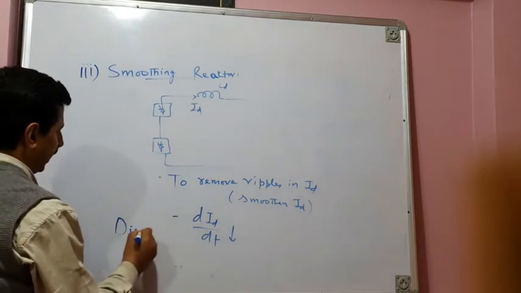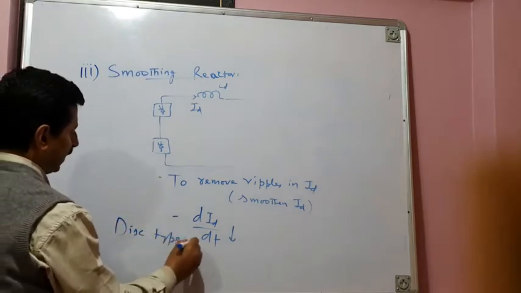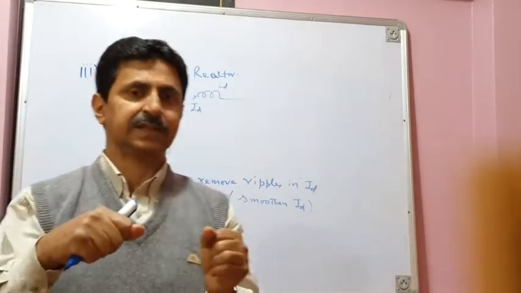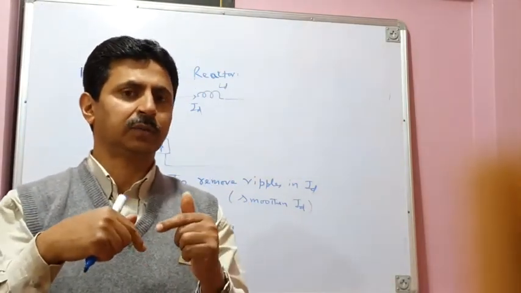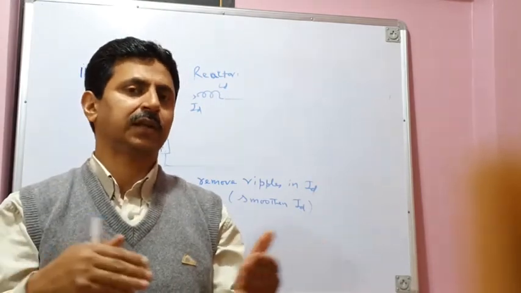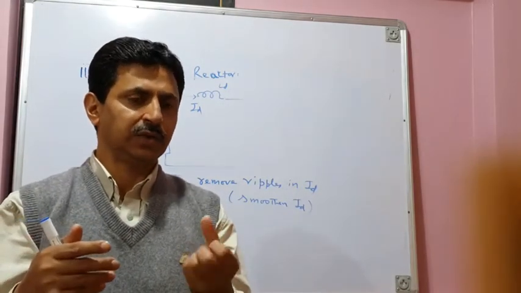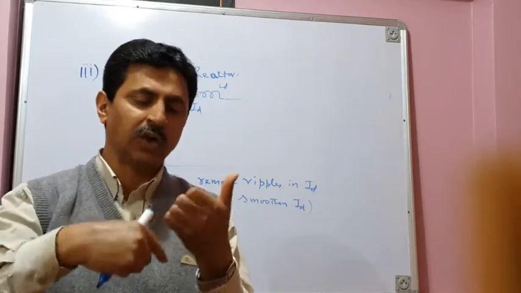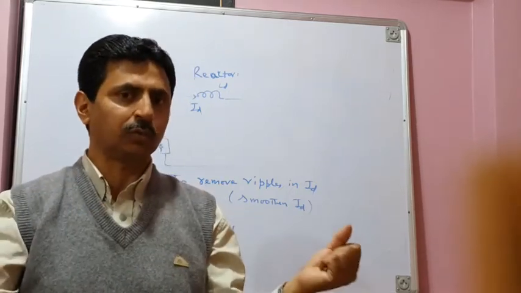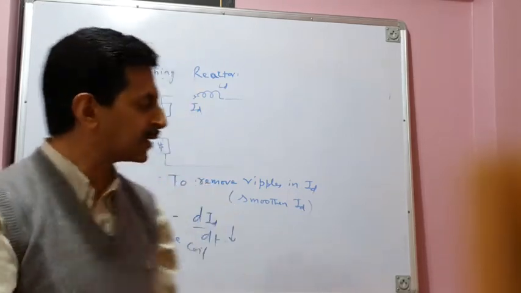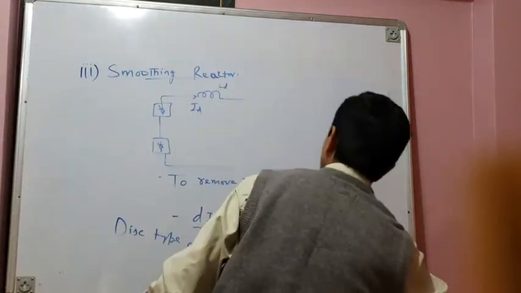Disc type coils are wound around it, and these coils are braced to the core so that in the event of huge currents like faults and short circuit currents, they are held very strongly on the core. They are not thrown out of the core. So that is about the third component, the smoothing reactor.